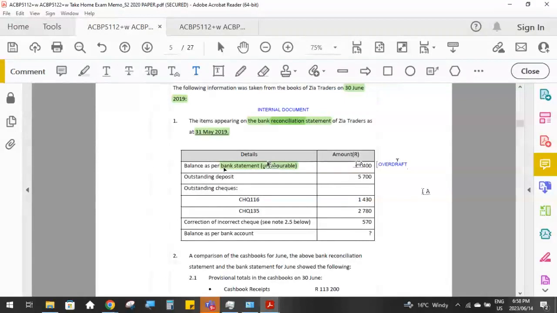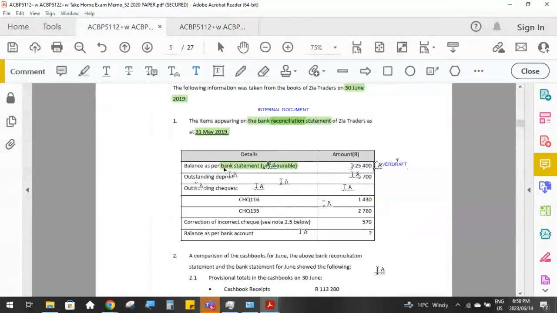And it's important that you get that the right way round, because you then have to know, must I add or subtract the other adjustments that I did? So what I would do to show that it's unfavorable is to put brackets around it, and they deliberately didn't in this question paper because they want to know that you understand this.